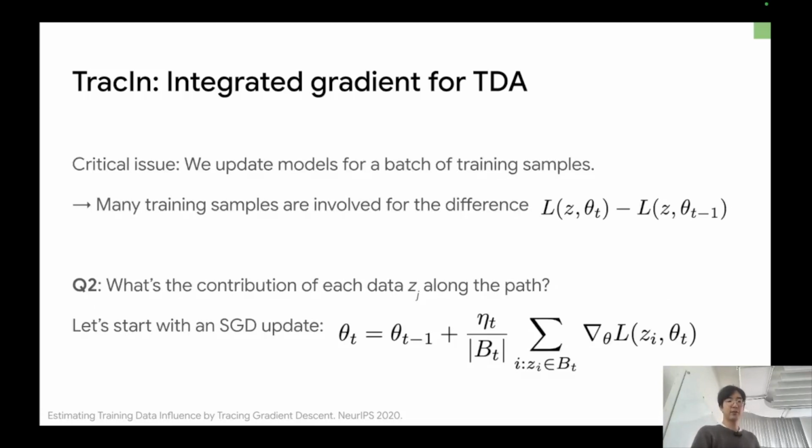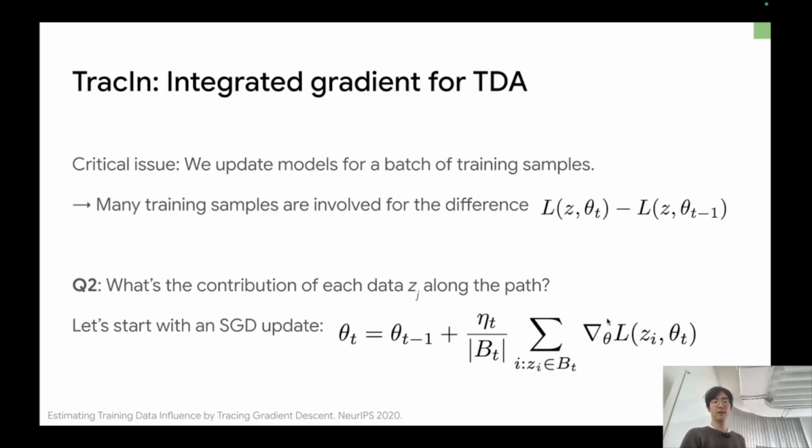And that brings us to Q2, question 2. What is the contribution of each data point Zj along the path? As a starting point, let's take a look at the SGD update at time step t. Theta t is given by an update from theta t minus 1 plus some of the individual gradients for every training sample in the batch.